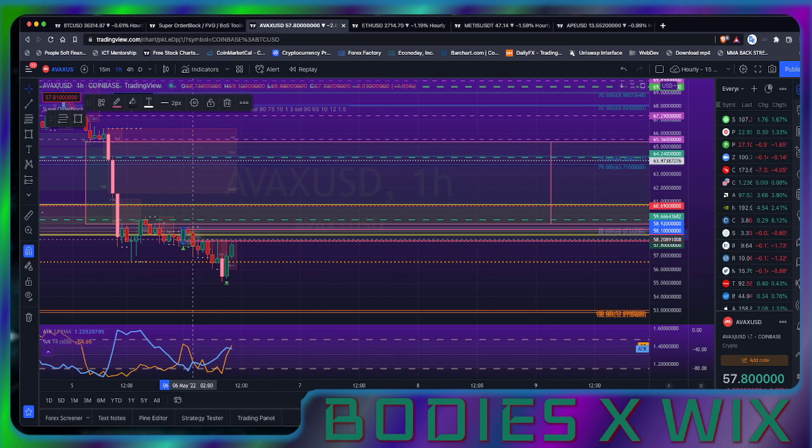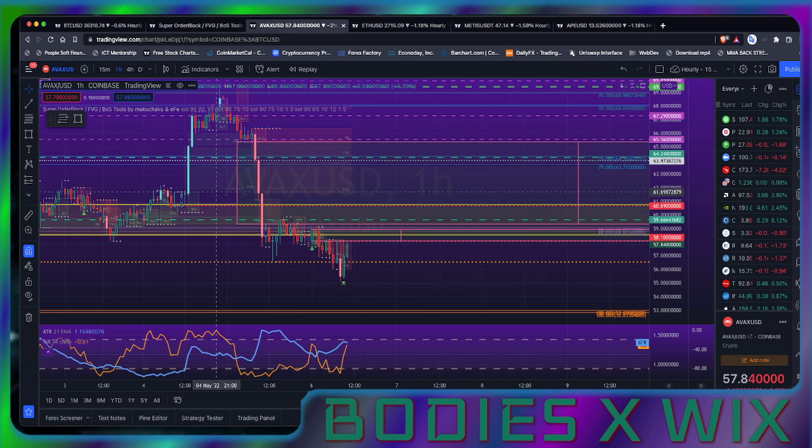What I'm thinking is going to happen now that we see this breaker here is that price could run through it, right? Break up into this fair value gap, probably hit some kind of bearish order block maybe, or that bearish order block I was talking about.